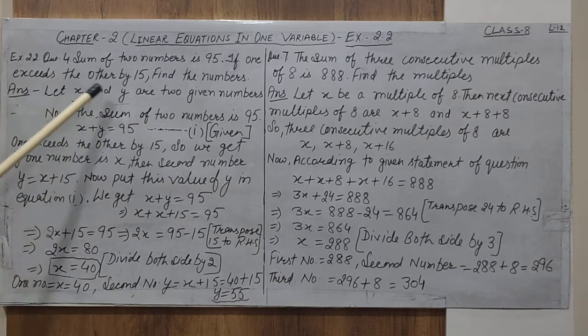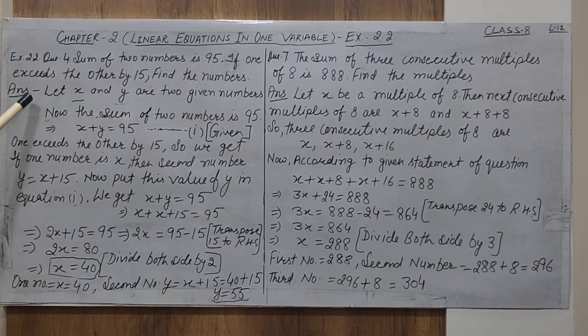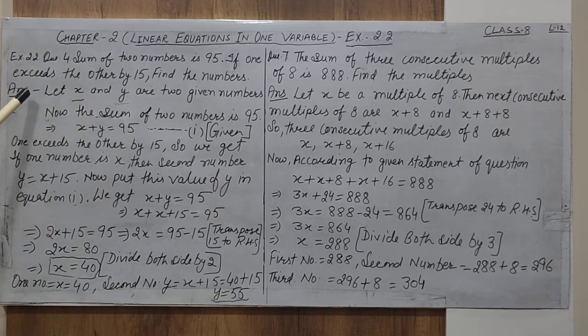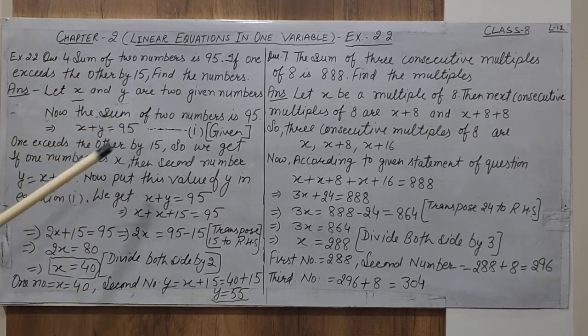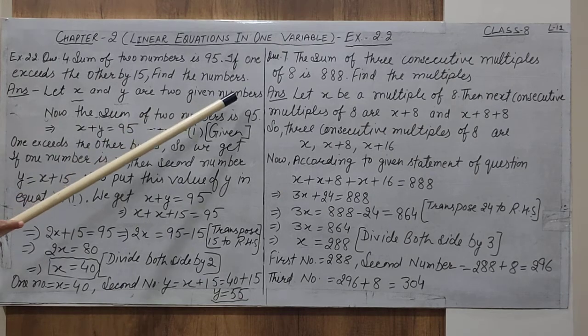Let x and y be the two given numbers. As you know, when we suppose the name of the numbers or anything else, we must suppose variables, either x or y or z and so on. Now here it is given that two numbers are selected. So let x and y be the two given numbers.